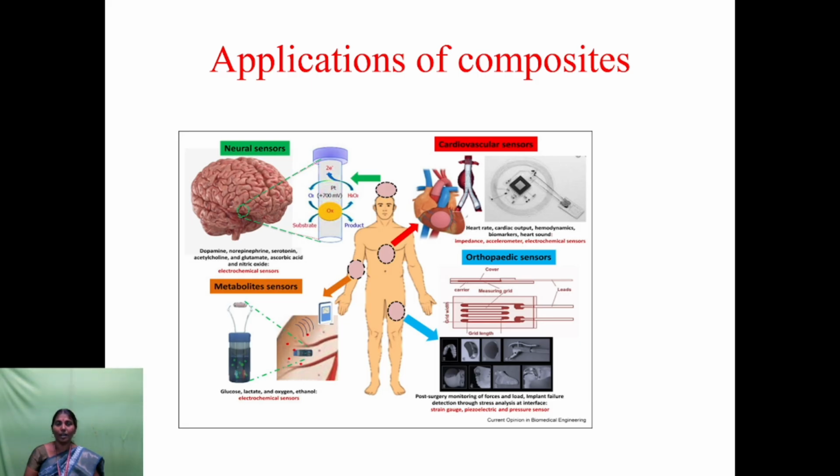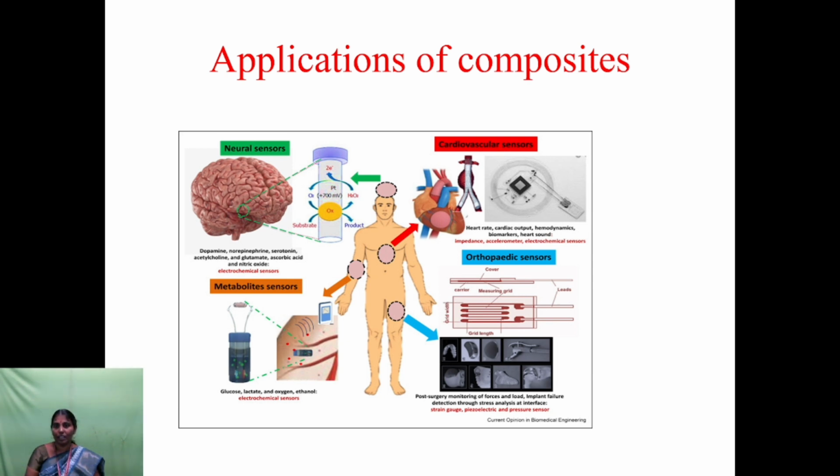Next, the application of composites in our human body. Neural sensors, the composite sensors, can easily analyze and identify stress and temperature. They can measure stress, temperature, etc. automatically.